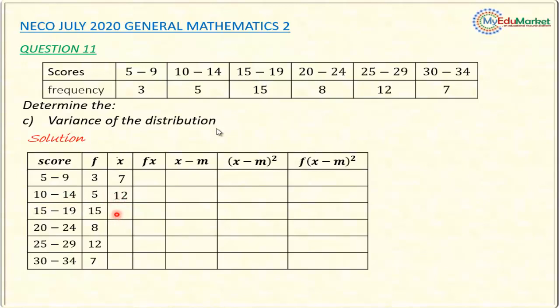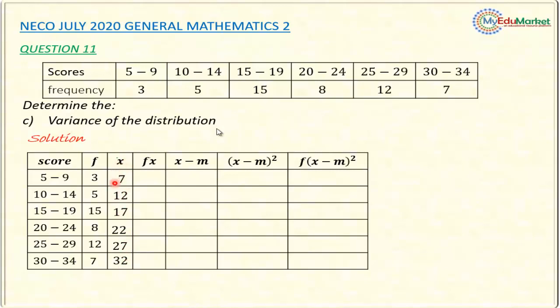Next, 15 plus 19 is 34, and 34 divided by 2 is 17. I'll continue doing the same. The next class mid value is 22, next is 27, next is 32. So this is my class mid value, the x bar.